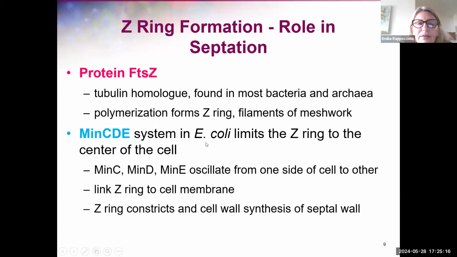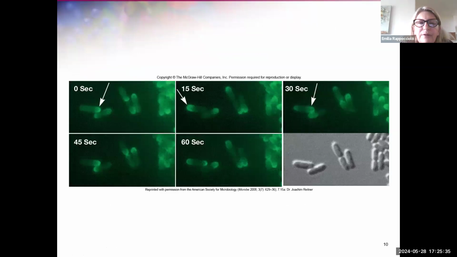In E. coli, there is a complex of three proteins, MinCDE, which makes sure that the Z ring happens in the middle, in the center of the cell. These work together to locate where the cell needs to divide. You see how here cells are dividing and forming two cells.